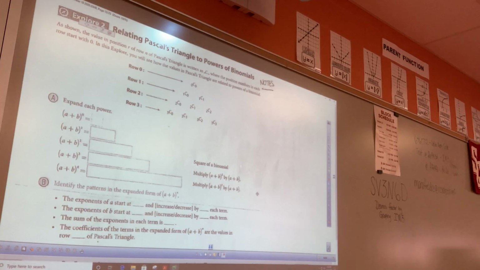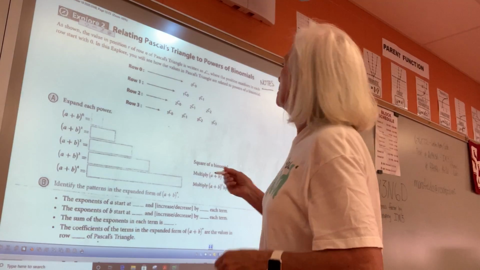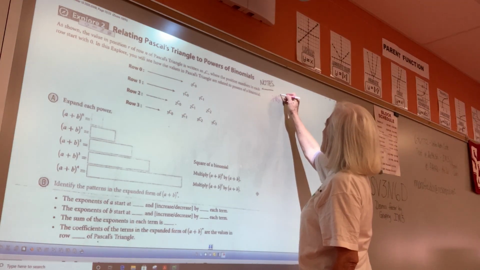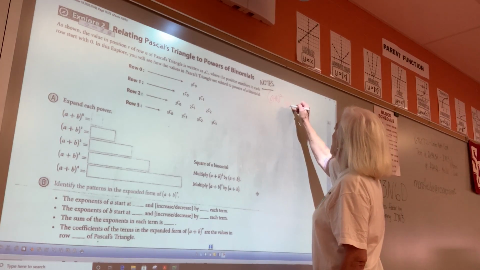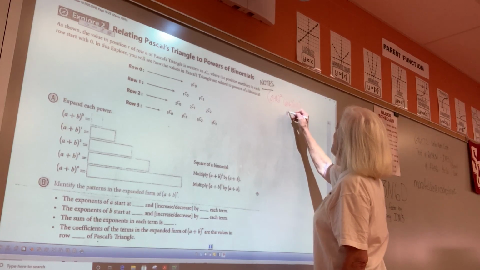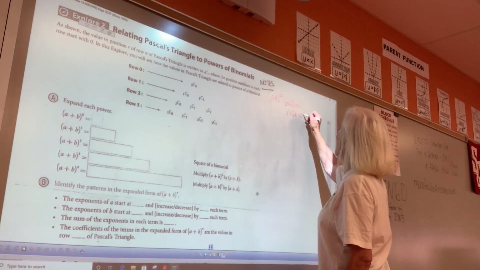All right. Here is why we do this, because this says relating this. When you multiply out terms, like if you had a plus b squared, well, you would know that you could FOIL that and get a squared plus 2ab plus b squared.